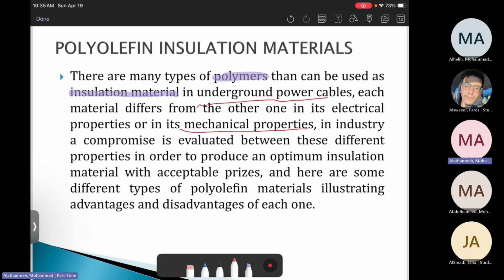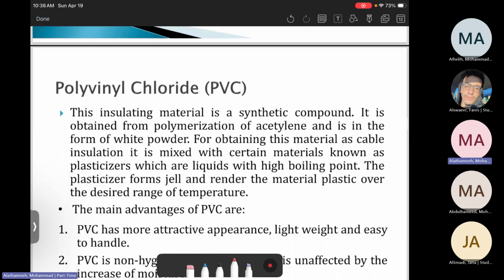There are different types of polyolefin materials. There is PVC, which is polyvinyl chloride. This is very common. We have heard about it a lot.